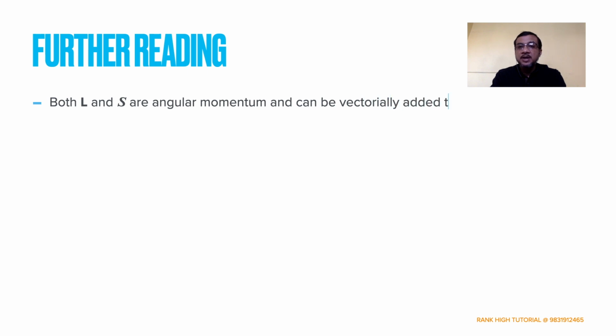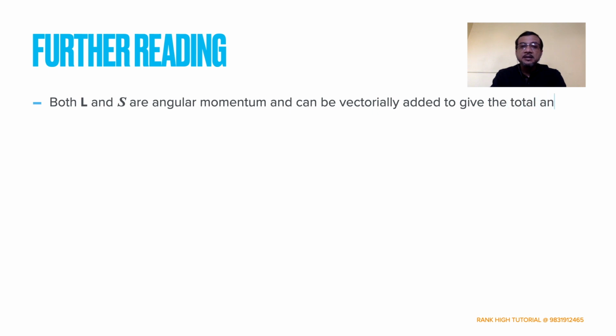Now I will elaborate a few facts about the orbital angular momentum and spin angular momentum. Both the orbital angular momentum and spin angular momentum are angular momentums and can be vectorially added to give the total angular momentum j.